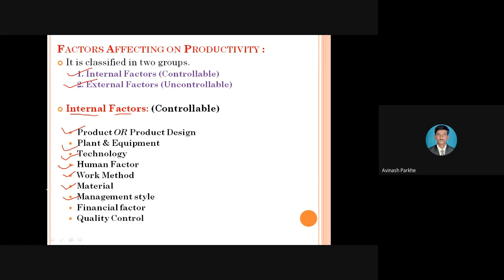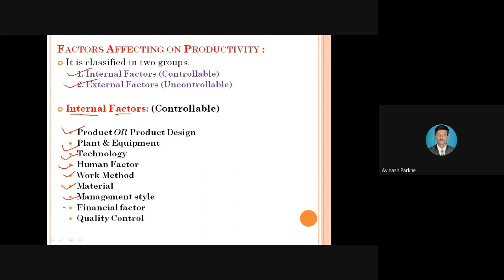If any worker has to ask some basic information of the supervisor, he can easily ask. If he has to discuss with management, he can easily do so. A friendly environment should be there in the industry, and it will be considered an internal factor, which is controllable.